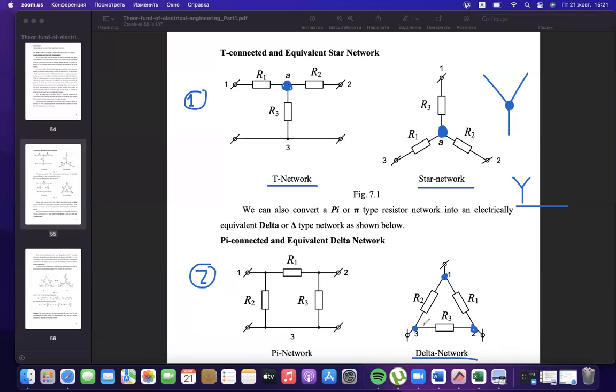It could be named a delta connection because it looks like the Greek letter delta. It could be called P network because it looks like the letter P. The same idea: if you connect points with a single wire with zero resistivity, the potential will be the same at all points.